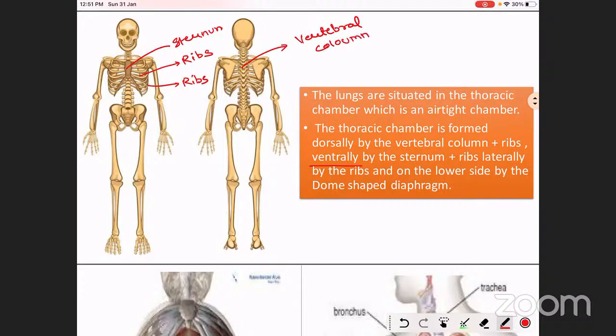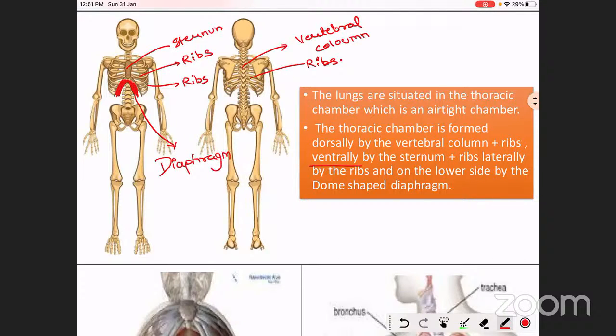The structure which in our primary classes we called the backbone is in reality called the vertebral column. Together with the ribs these form the ventral, lateral and dorsal walls, and the inferior wall is formed by the dome-shaped diaphragm.